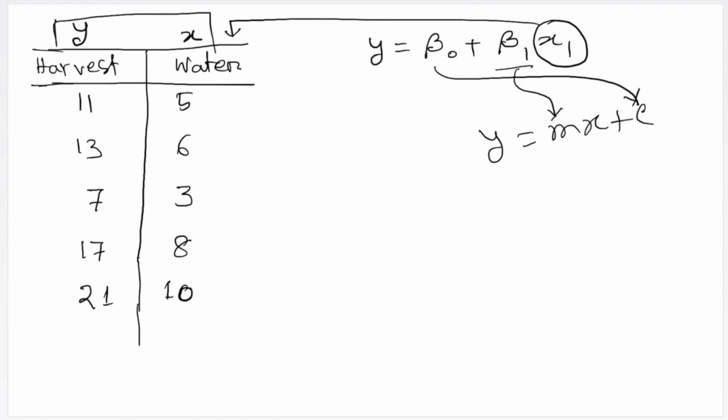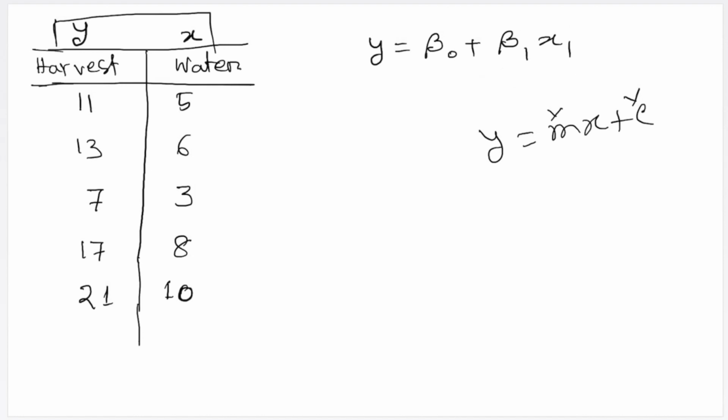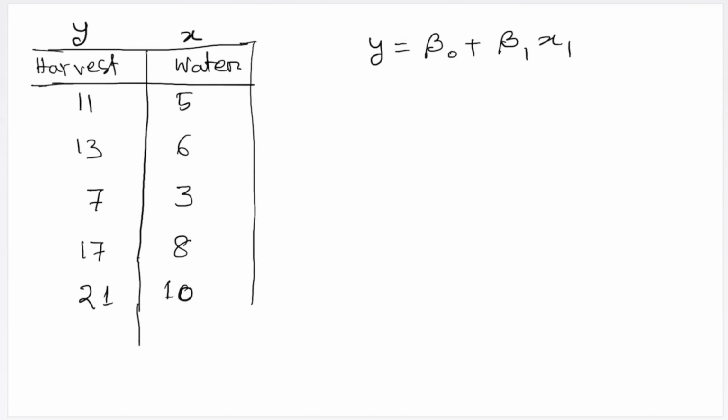But what if you have multiple independent variables? For example, we could have another column here which states the amount of sunlight. I don't know the unit of sunlight, but let's say that we have some sort of unit there, and we have more information like 3 here, 2 here, 9 here, 7 here, and 4 here.